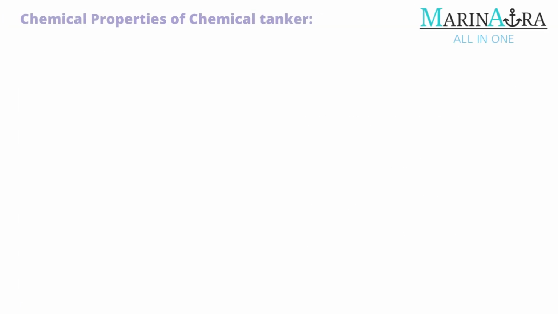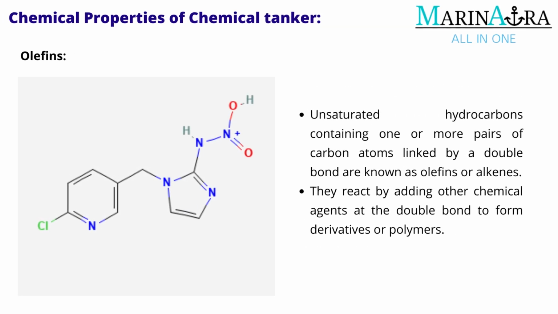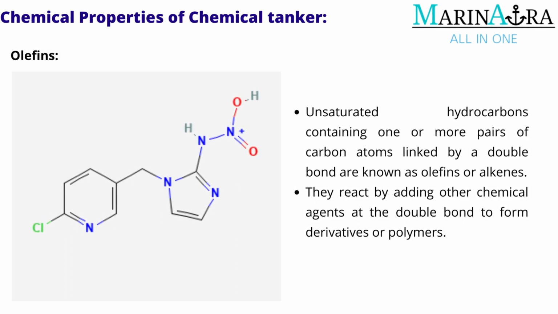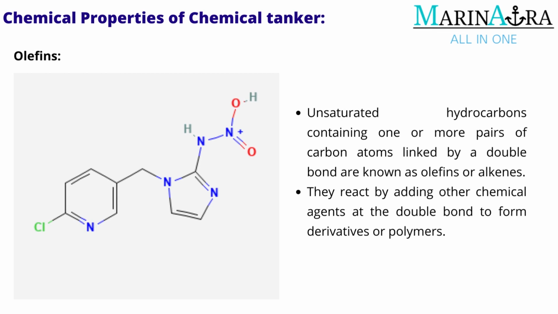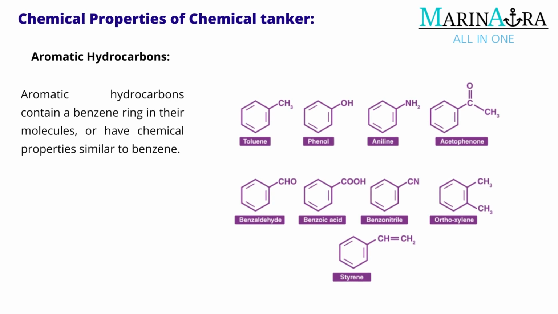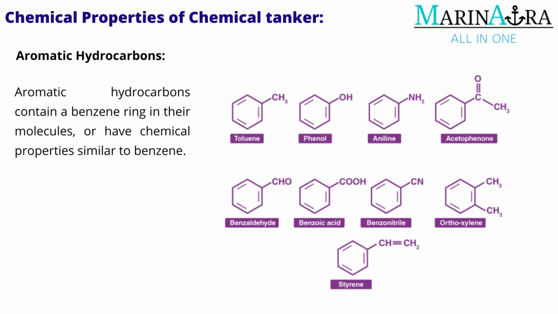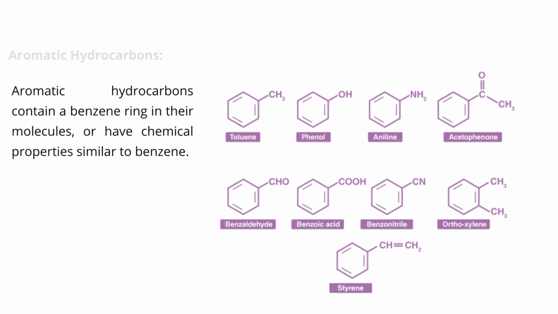Olefins. Unsaturated hydrocarbons containing one or more pairs of carbon atoms linked by a double bond are known as olefins or alkenes. They react by adding other chemical agents at the double bond to form derivatives or polymers. Aromatic hydrocarbons. Aromatic hydrocarbons contain a benzene ring in their molecules, or have chemical properties similar to benzene.